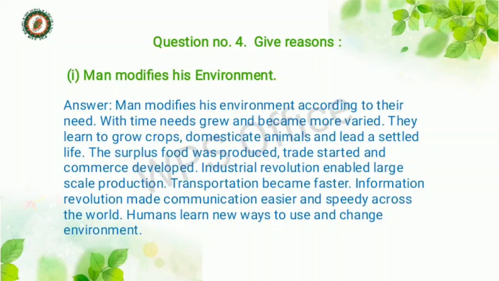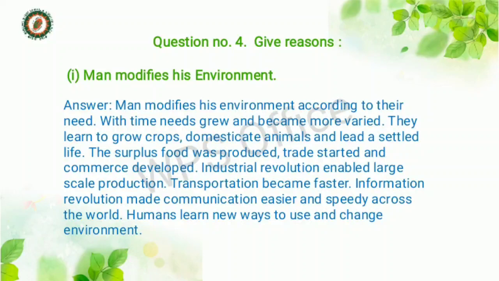Industrial revolution enabled large-scale production. Transportation became faster, and information revolution made communication easier and speedy across the world. Humans learn new ways to use and change environment. So that is the reason man modifies his environment.